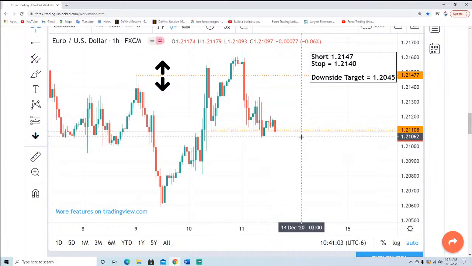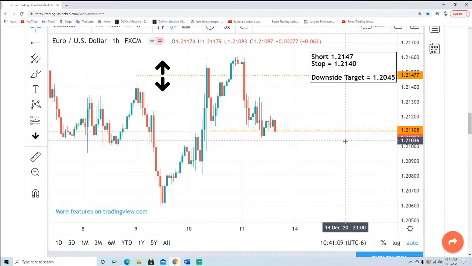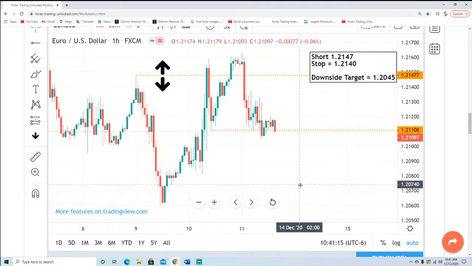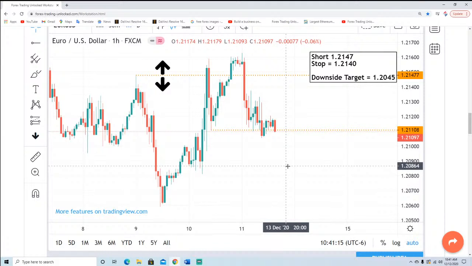Any trading above here has pretty much the euro in a neutral trade up to $1.2147, so bobbling around in this area. Below $1.2110, this market is targeting lower levels, pretty much down to $1.2045.